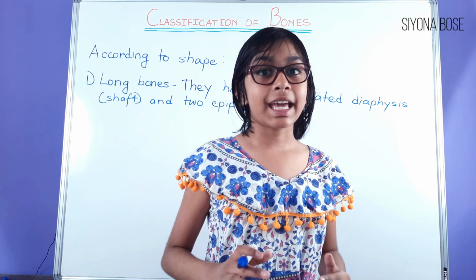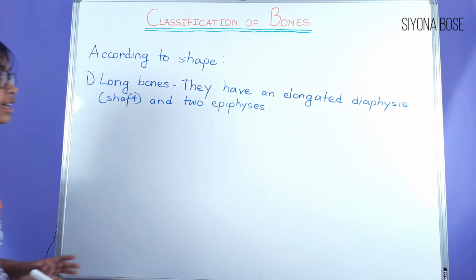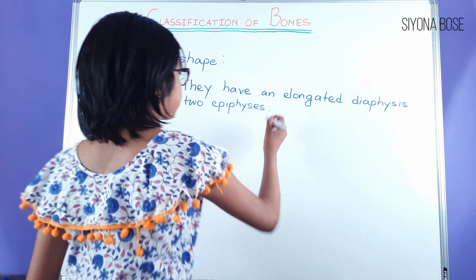The long bones have an elongated diaphysis or shaft and two epiphyses at the ends.